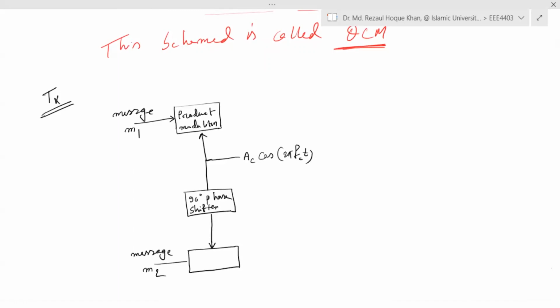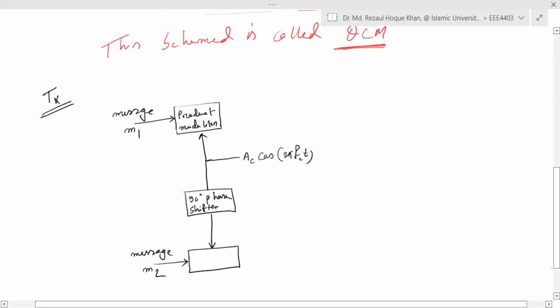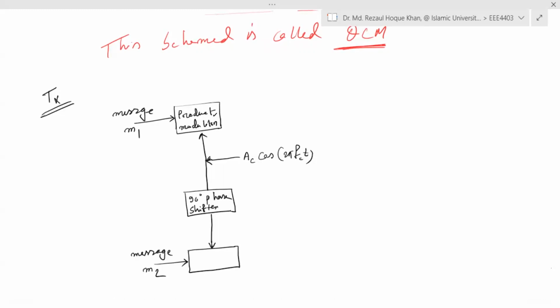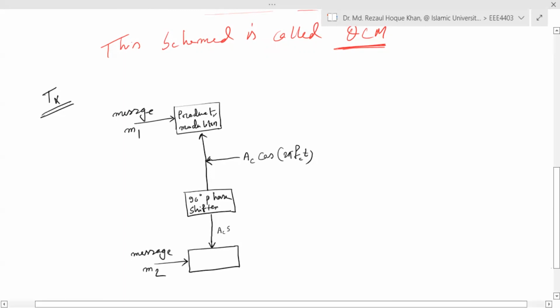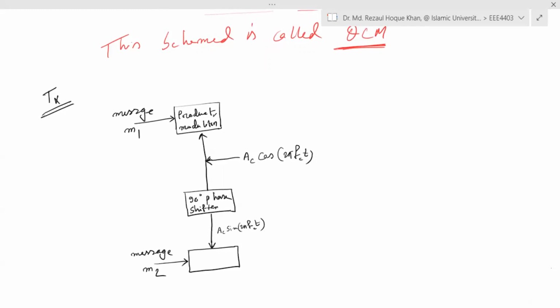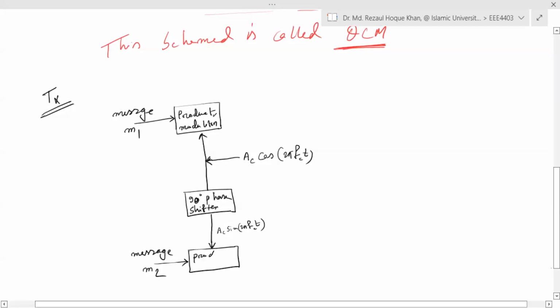When this signal comes to this product modulator, because of the 90 degree phase shifter it becomes Ac sine 2 pi fc t. It becomes quadrature. So this is also a product modulator.